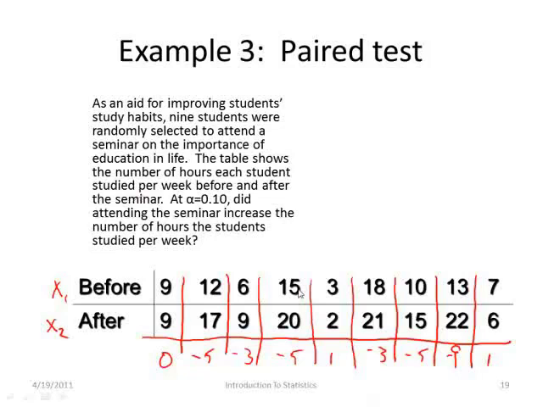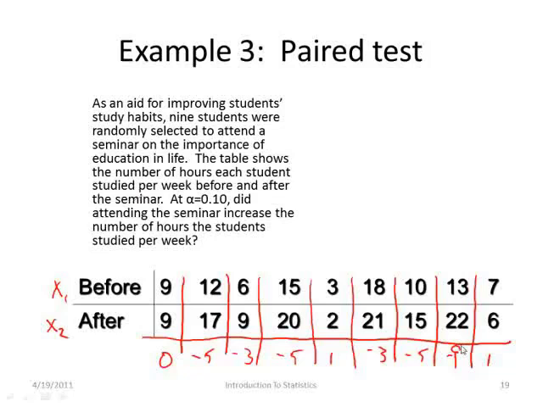So again, working on the idea that if the seminar did not work, then I would expect these numbers to be close to 0. Or another way I could look at it is I could take these differences and then I could take the average of these differences, and what would I expect the average to be close to? 0.